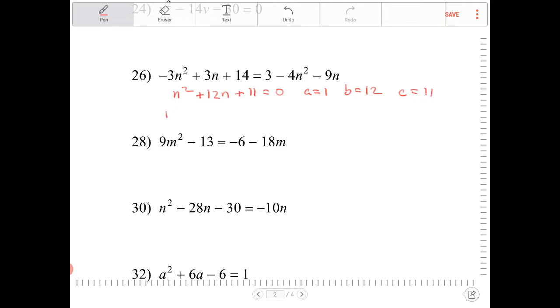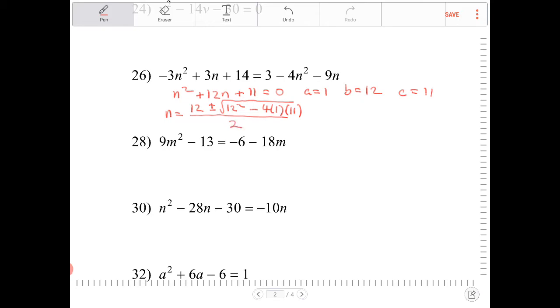So what would make n then? n is equal to 12 plus or minus square root of 12 squared minus 4 times 1 times 11, all divided by 2.